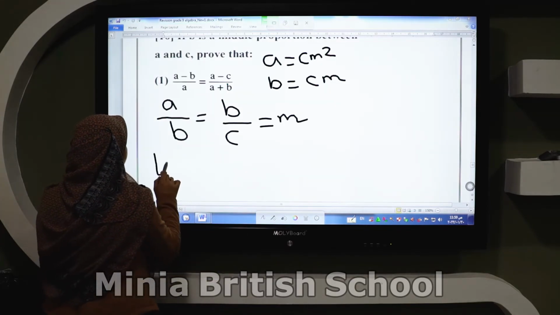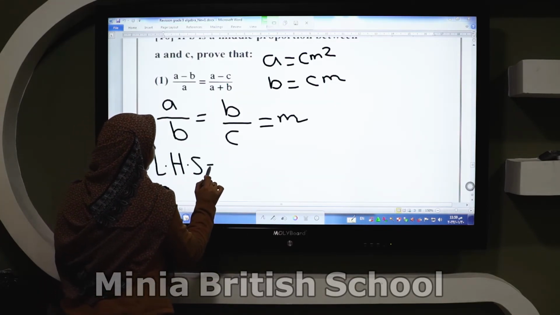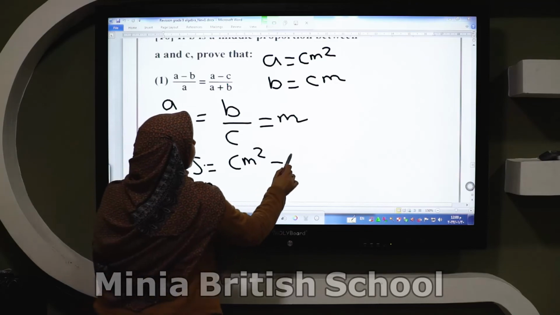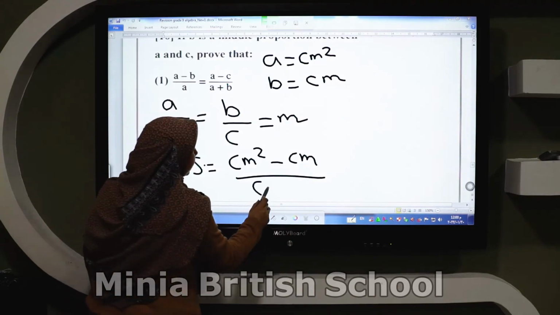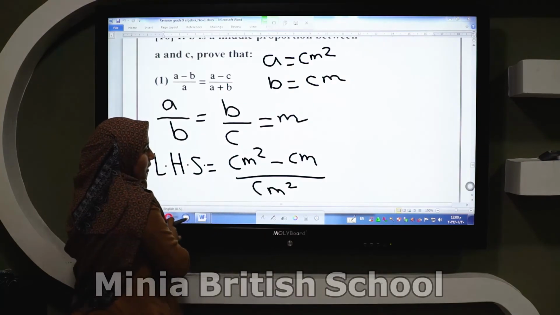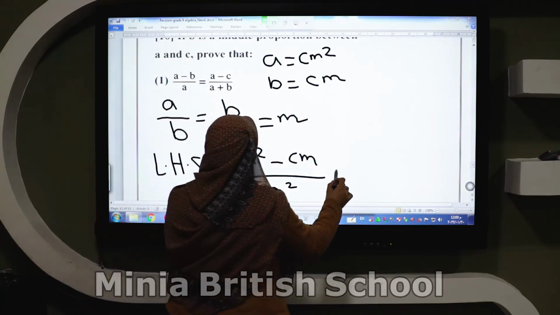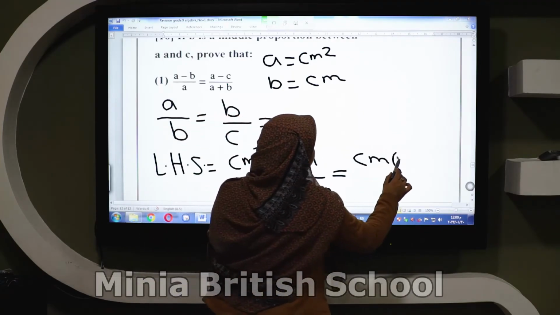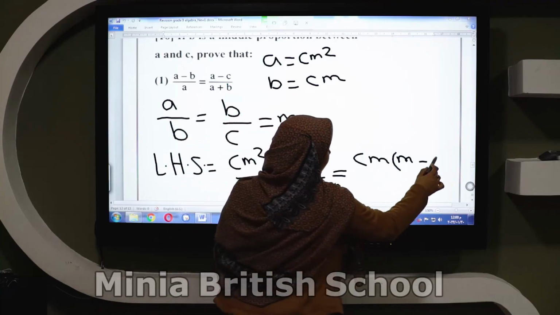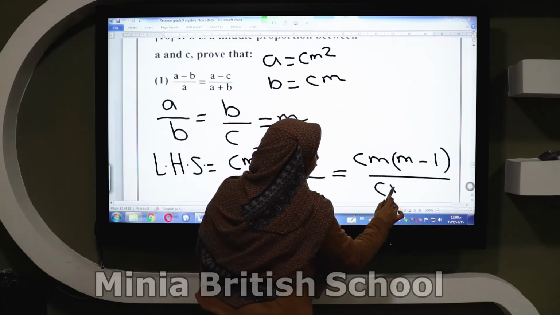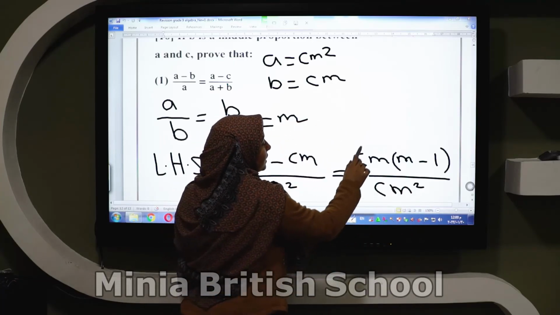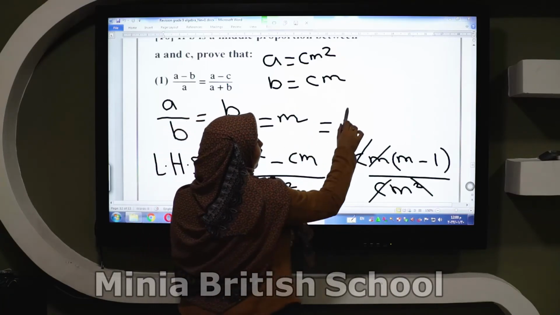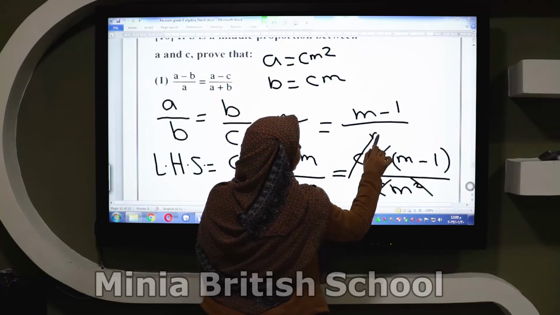On the left hand side, we have (CM squared minus CM) over CM squared. Take CM as a common factor: CM times (M minus 1) over CM times M. You can cancel C with C and M with M. So the left hand side equals (M minus 1) over M.